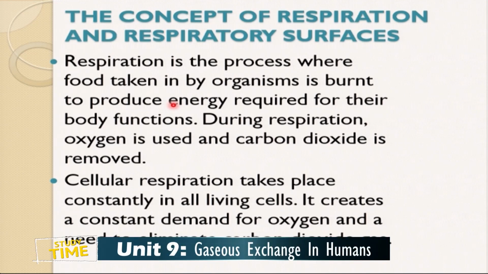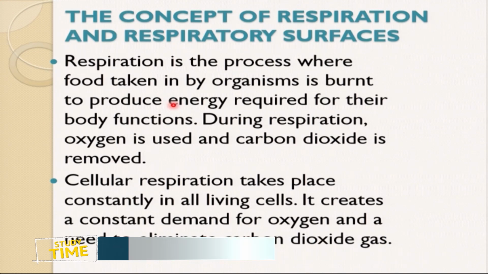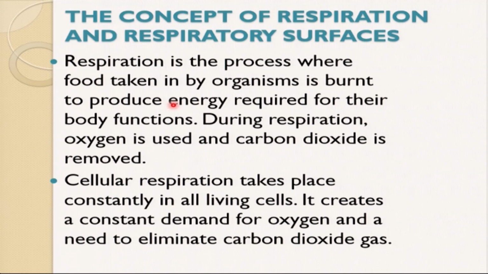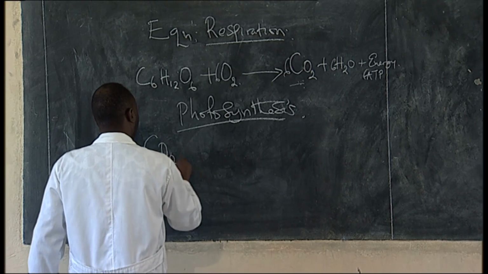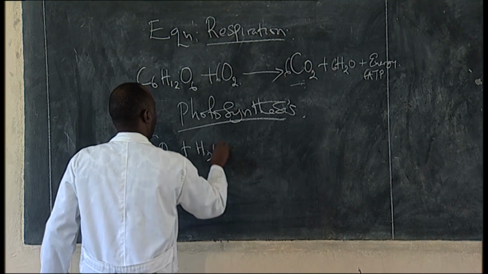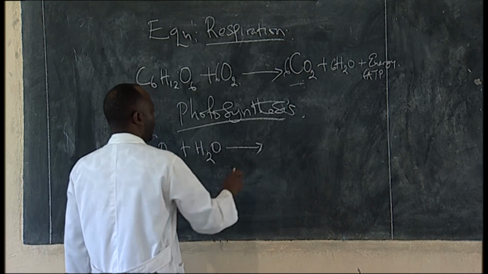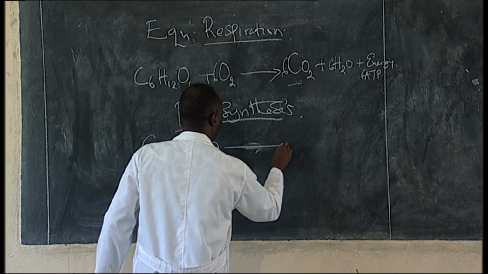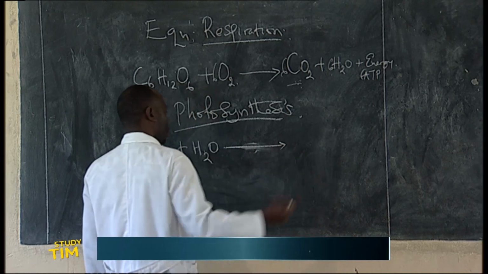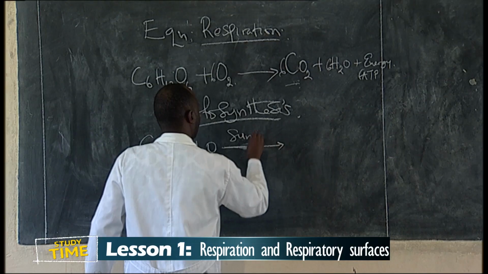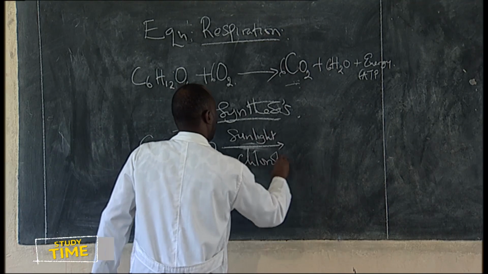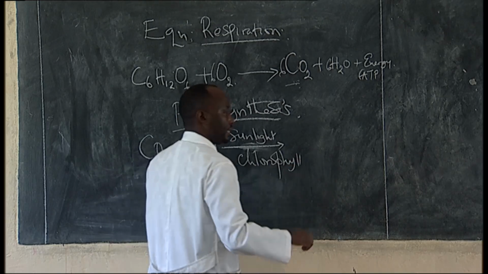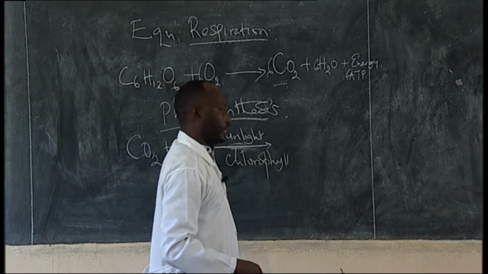If you remember, let's have the equation for photosynthesis. You get the raw materials: carbon dioxide plus water. Remember to add the arrow. There must be some conditions: we have sunlight, and also chlorophyll, the green pigment that helps to trap sunlight energy and is stored in the chloroplast.